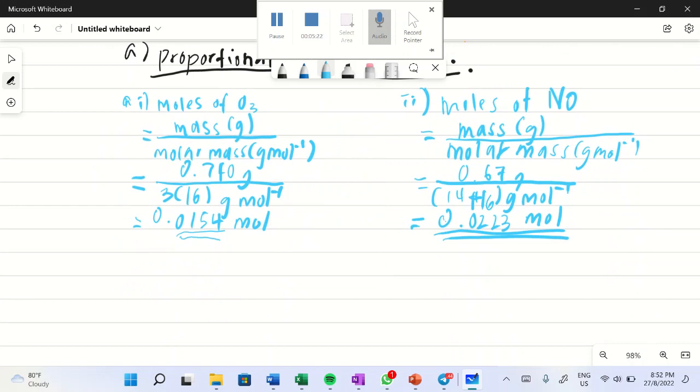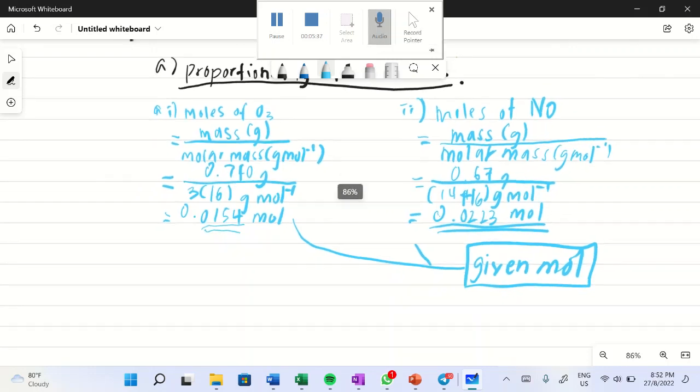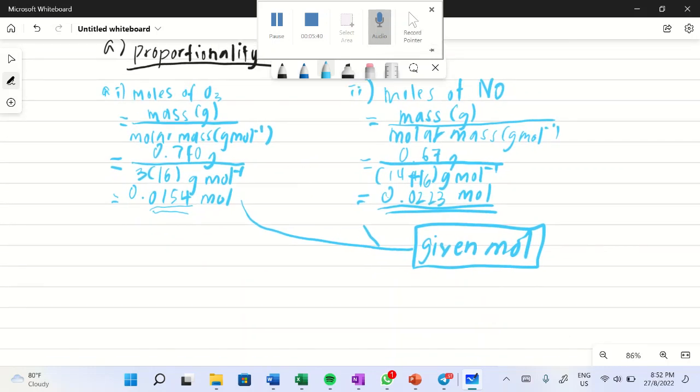Next step, before that, this is the given mole. Can you see that? This is the given mole.